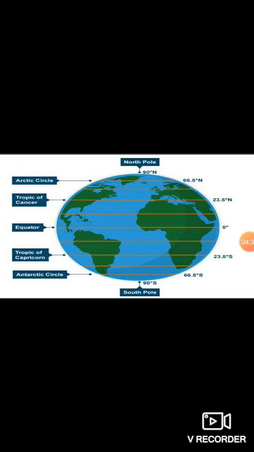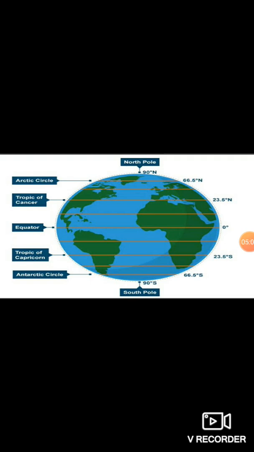Thus, 90 degrees north latitude marks the North Pole and 90 degrees south latitude marks the South Pole. Remember, all parallels north of the equator are called north latitudes and all parallels south of the equator are called south latitudes.